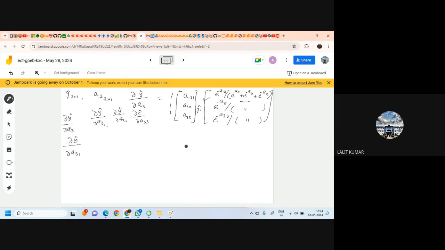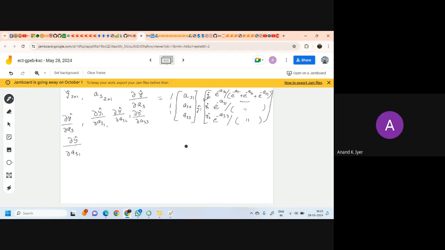Now this y hat also has got three components: y1, y2, and y3. I can call this y1 hat, this y2 hat, and this y3 hat.